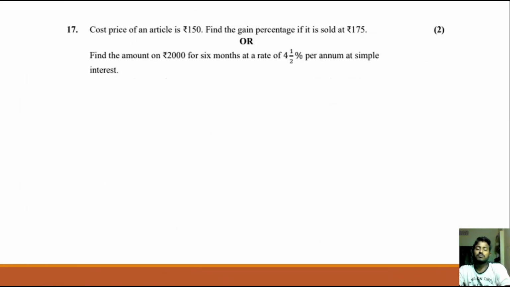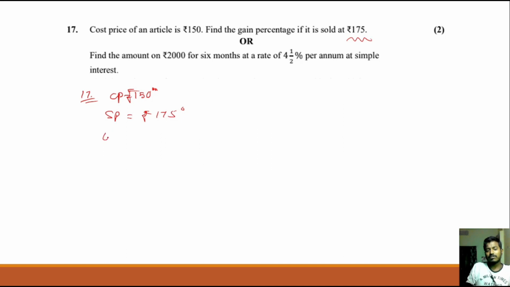Next question: the cost price of an article is given, so we can write CP is equal to 150 rupees. Find the gain percentage, if SP is given as 175 rupees.